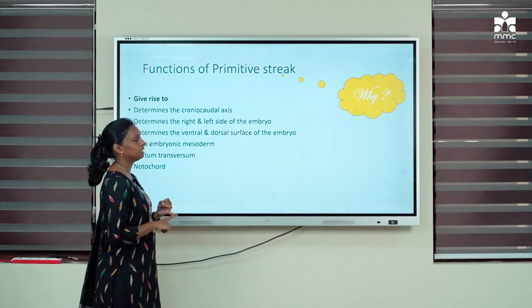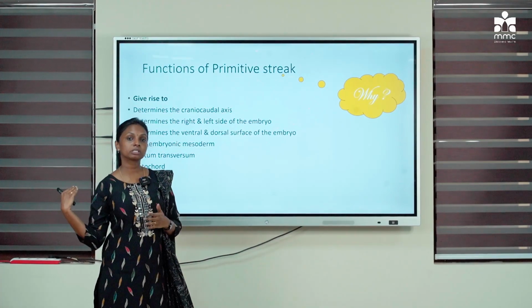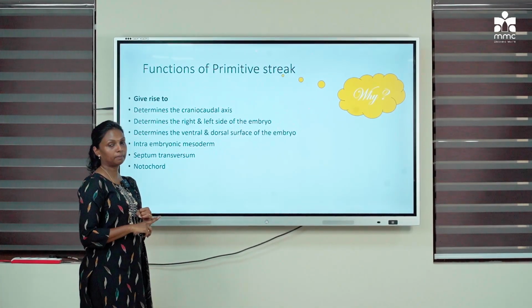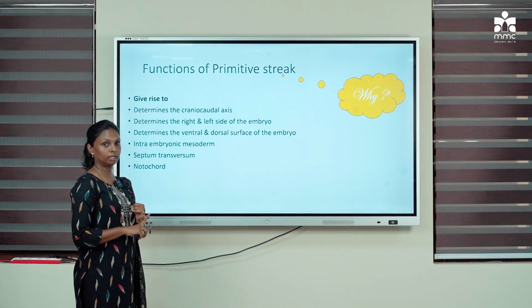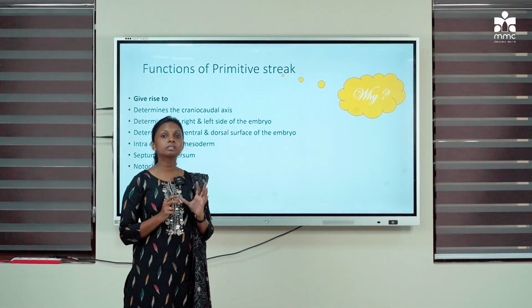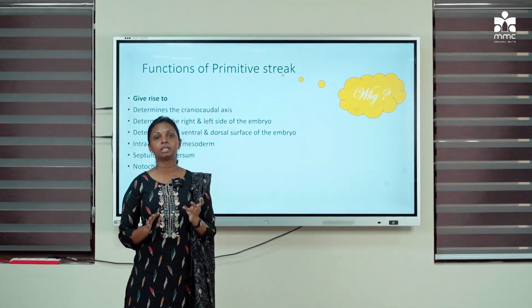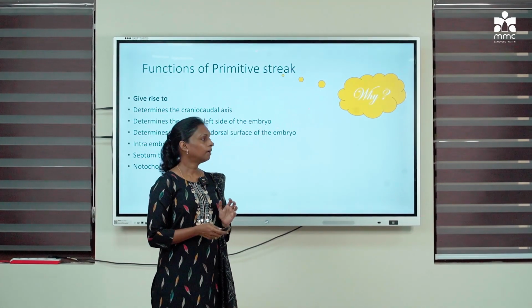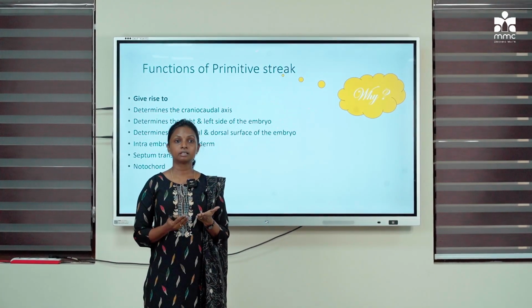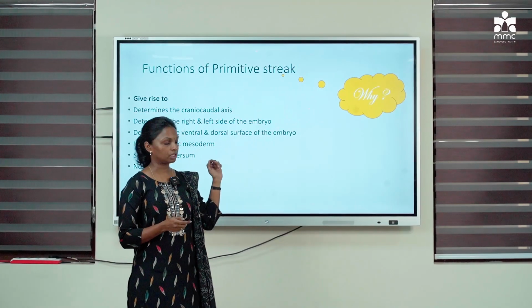Then it also determines the ventral and the dorsal surface of the embryo, and it also contributes to the development of the intraembryonic mesoderm, notochord and septum transversum. So, these are the functions of the primitive streak. Okay. So, that is about the formation and fate of this primitive streak.